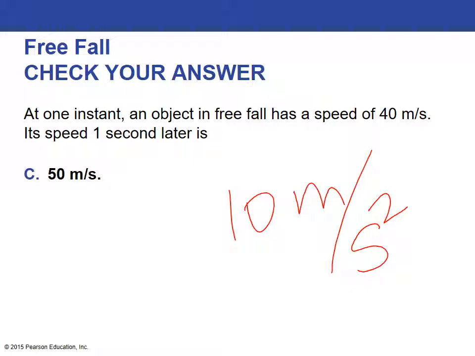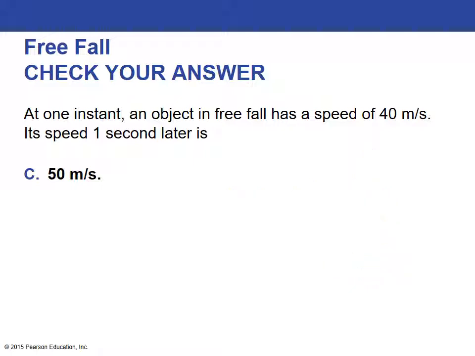Okay. There's one thing though that we didn't do in solving this, is that we did not draw our free body diagram, and we did not look carefully at the wording.